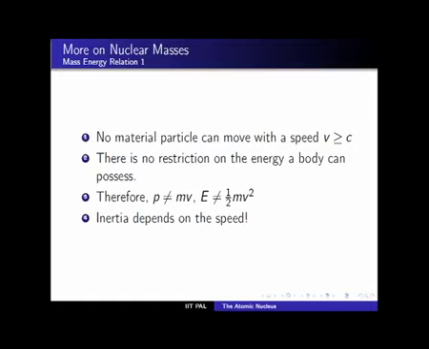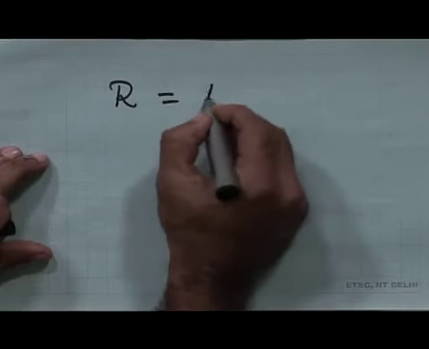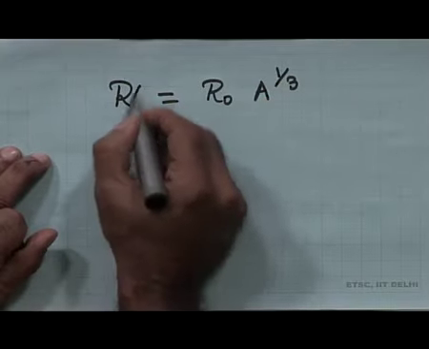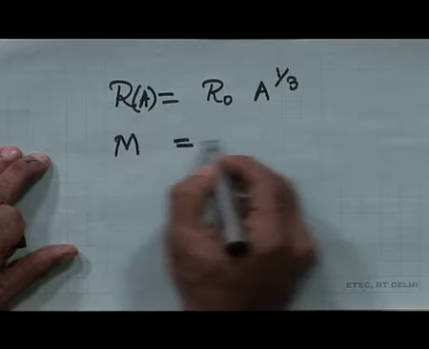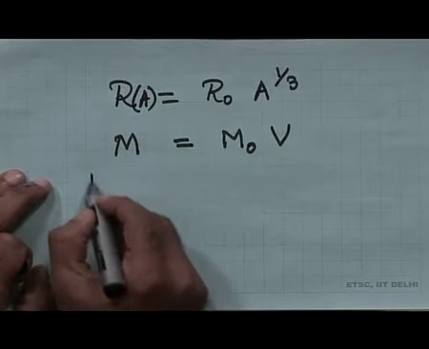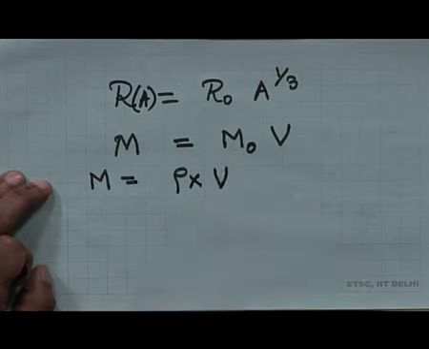So what we have is the following relation, which is very, very important for us. And from this you can make a whole lot of estimates. So what is it that I wrote? R is equal to R0 A to the power of 1/3, so R of A, and mass is given by m0 into V. Why is it so? Because my mass is the density multiplied by volume.